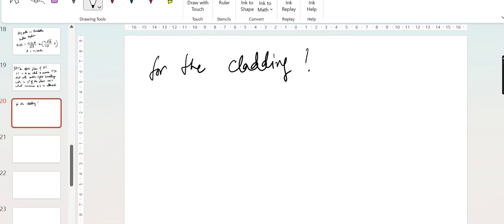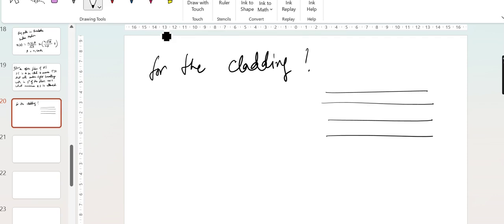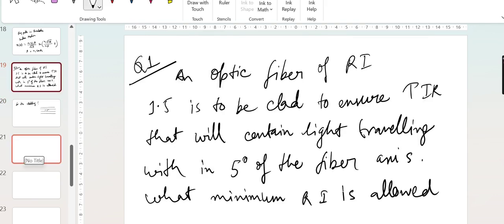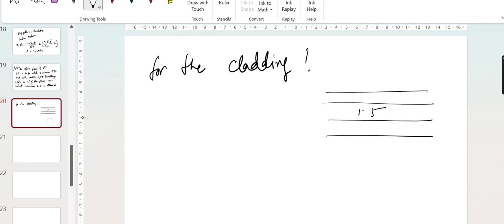So here basically this is core, this is cladding. The core is 1.5. So when they say an optical fiber of refractive index 1.5, that means core is 1.5.